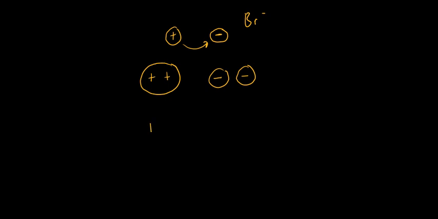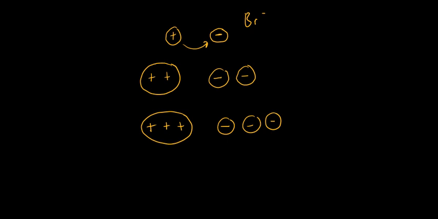If I'm going to deal with a positive ion of 1 plus, I'm only going to need to have 1 bromine. Now let's say I have an ion which has a 2 positive charge. I'm going to need to have 2 bromine ions. And finally, if I had an ion which had a 3 positive charge, I'm going to need 3 bromine ions.